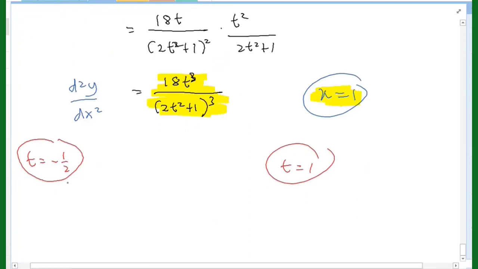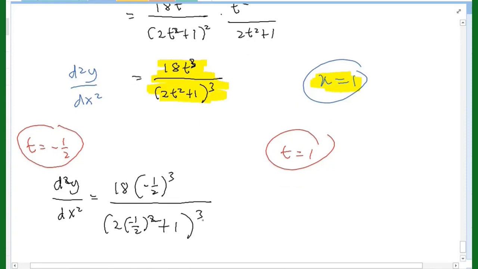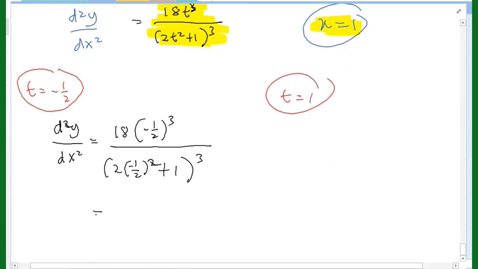Okay. This d2y over dx squared is 18 times (negative 1 over 2) cube, over (1 times (negative 1 over 2) squared plus 1) cube. Okay, we need to continue. Negative 1 over 2 cube is negative 1 over 8. Negative 18 over 8, negative 9 over 4.